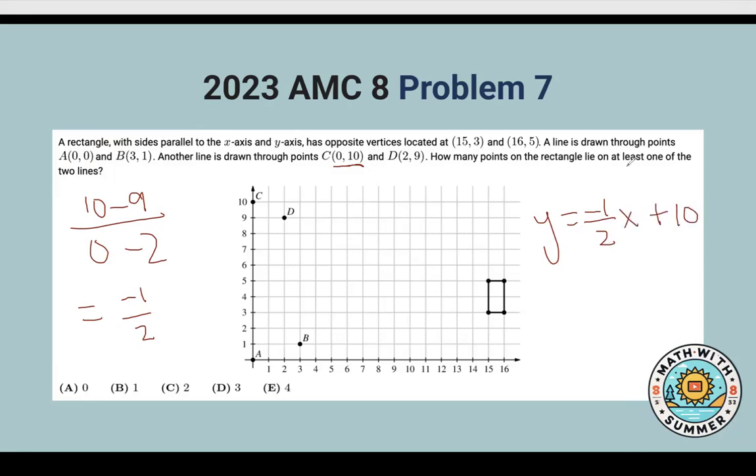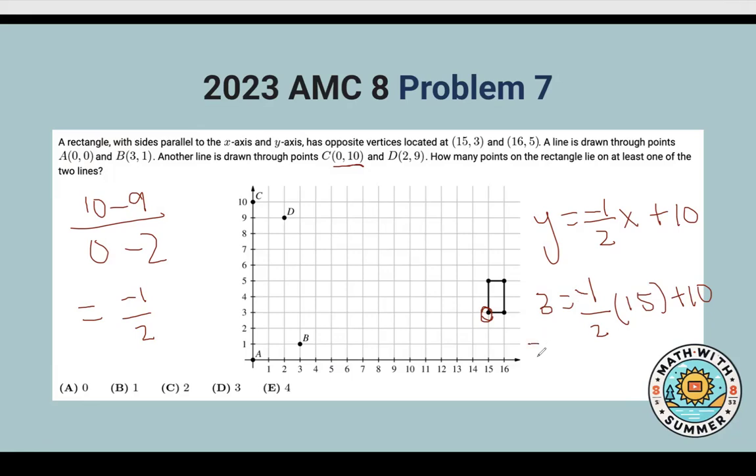Now that we have this, because before we thought that this point here was on the line CD, let's test it out. Let's see if we plug in 15 as x and 3 as y, whether this equation will be equal. So this will be 3 equals negative 1/2 times 15 plus 10.